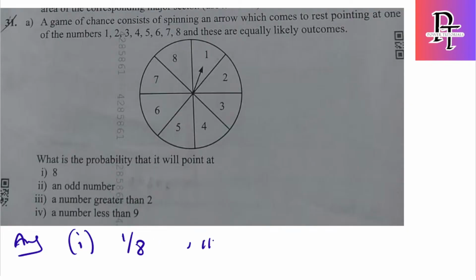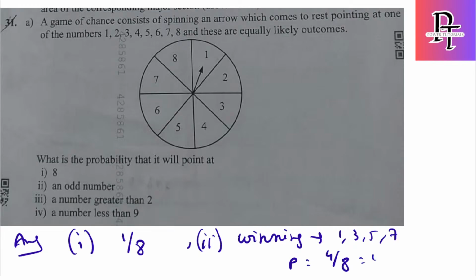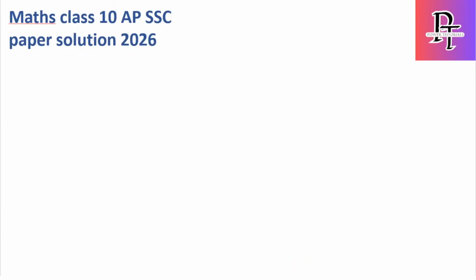Second, an odd number. The probability is simple, winning cases by total cases. For an odd number the winning cases are 1, 3, 5 and 7. Hence P is equal to winning cases 4, total cases 8, so the answer is 1 by 2. Okay, number greater than 2. What are the winning cases?